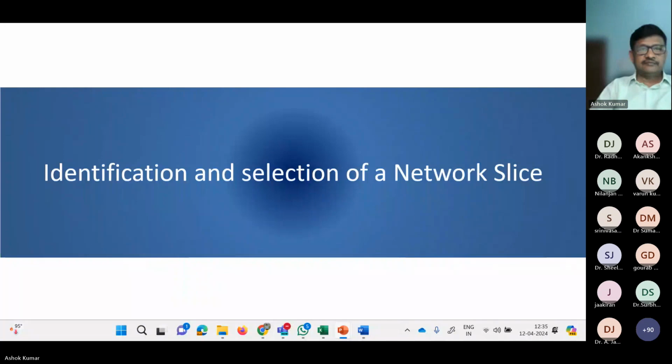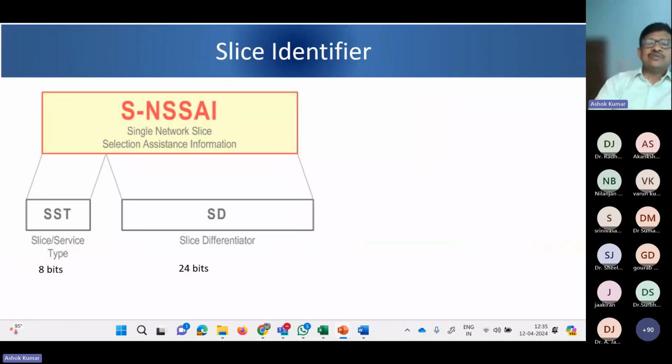Okay. So now, how do we identify a network slice and select the network slice? There has to be some identity involved for the network slices. So the standard has given that. Basically, this is the identity architecture of a network slice. Let me explain it a little bit.